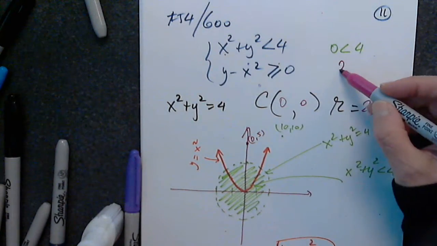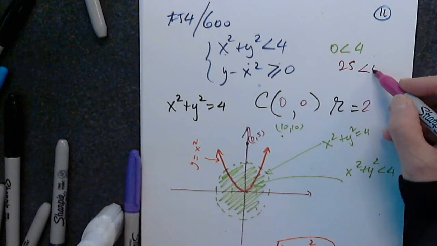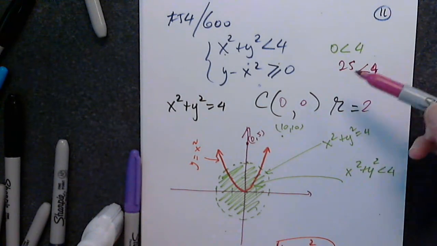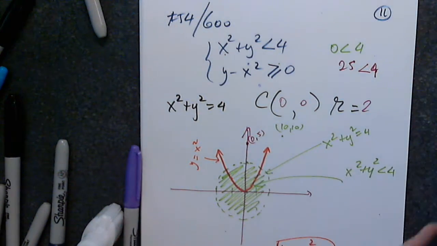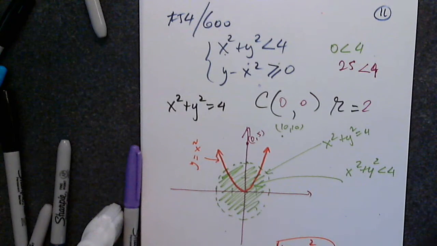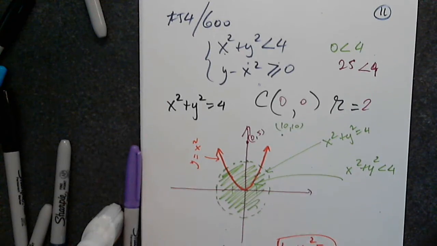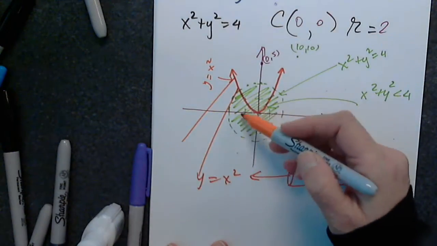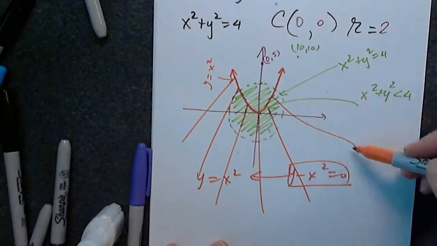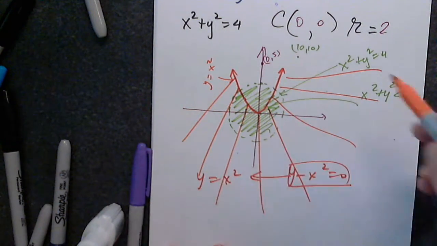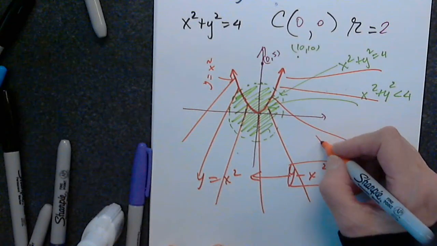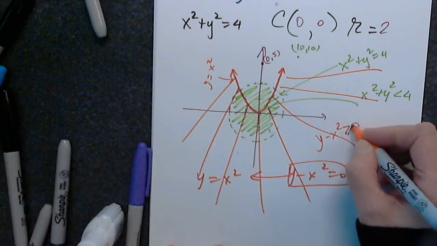Is 5 minus 0 greater than or equal to 0? Yes, so I shade in the region containing that point. So all the orange region represents y minus x squared greater than or equal to 0.